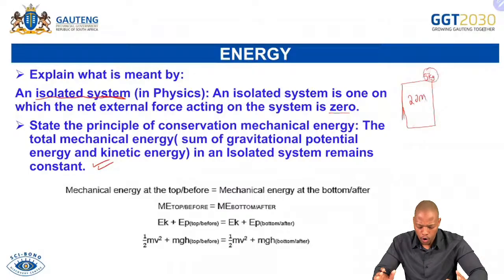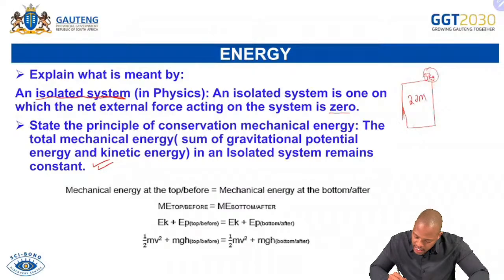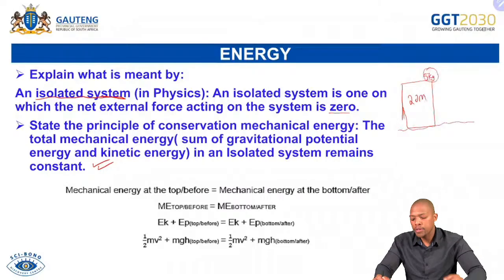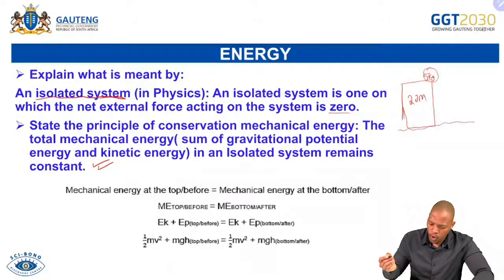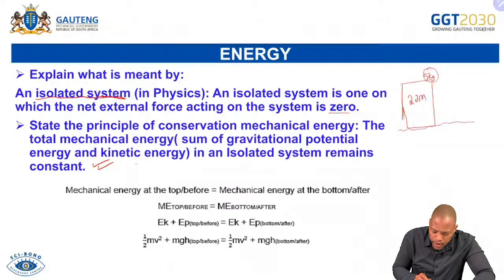That ball, while it is resting there, since it is above the surface of the earth, possesses the energy called gravitational potential energy. So you could be asked to calculate the gravitational potential energy of the ball. So you would say EP is equal to mgh in calculating that gravitational potential energy.